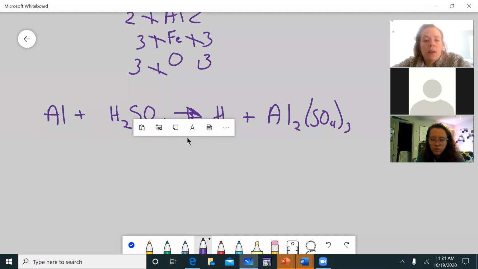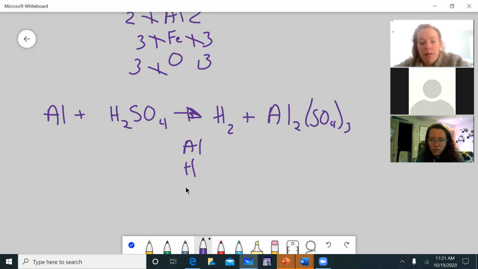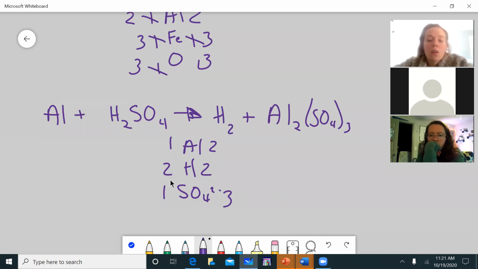So in this one, we have aluminum, hydrogen, and sulfate, but it stays sulfate on this side. We just have a multiplier of it. So I'm going to keep that as SO4. 1 aluminum, 2 aluminums, 2 hydrogens, 1 sulfate, and over here I've got three sulfates. So the sulfates need to get balanced.